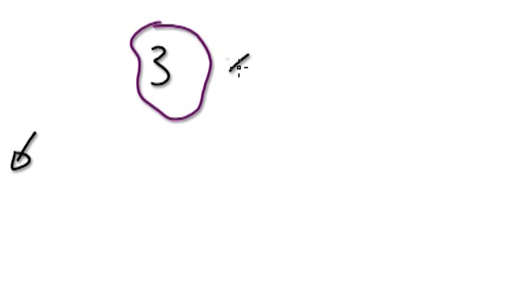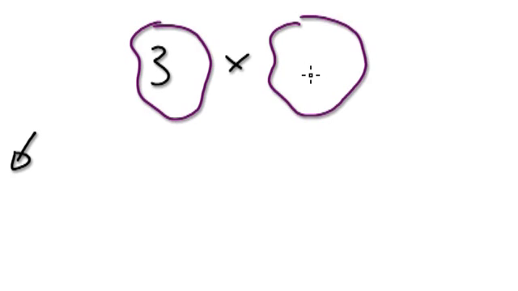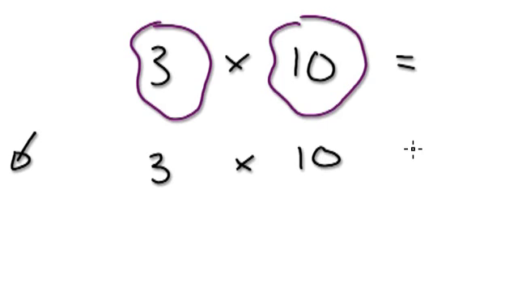Okay? So this one here, what is positive 3, okay, times, let's say positive 10. What is that? So it's basically 3. We could put a positive in here. We could put a positive 10 in here, but we don't bother.